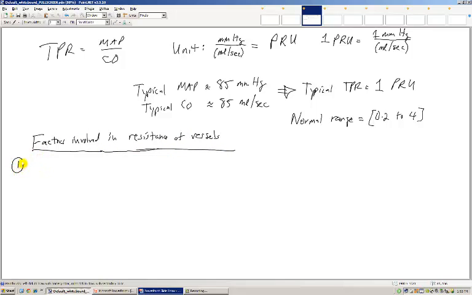The first one is the factors that determine the resistance of a single vessel. We need to understand the things that determine how much resistance a single vessel has. But then the second thing is the resistance of a circuit of vessels.